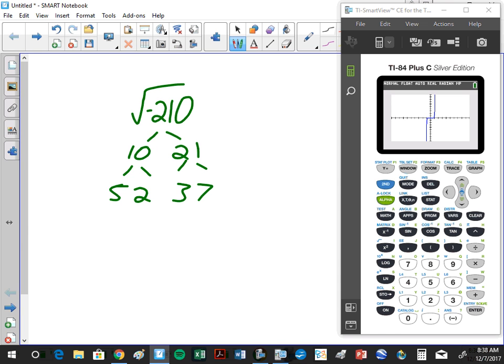Not nothing. Just the i. Everything else stays in, but the i comes out. So we take this negative and we pull it out to be an i, and we get i times the square root of 210. Okay?